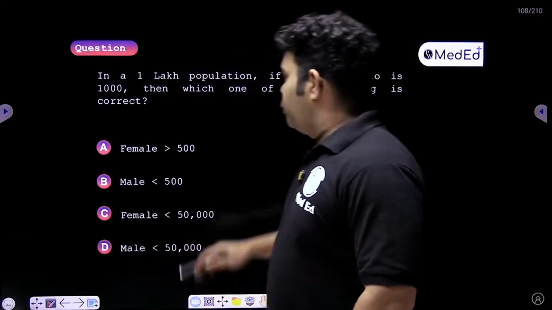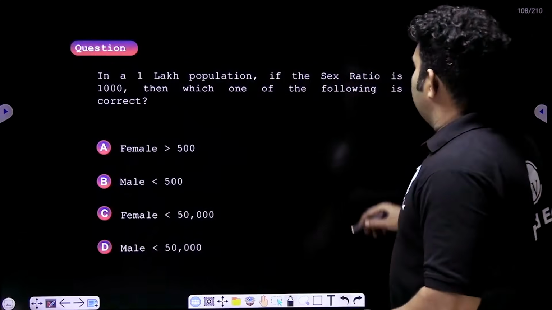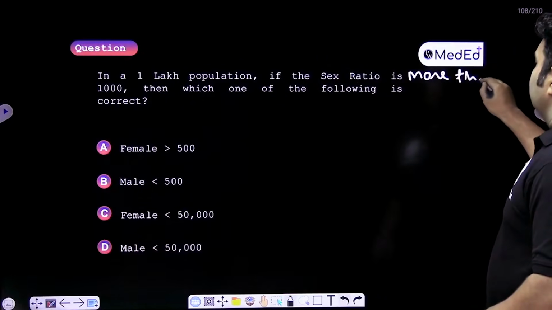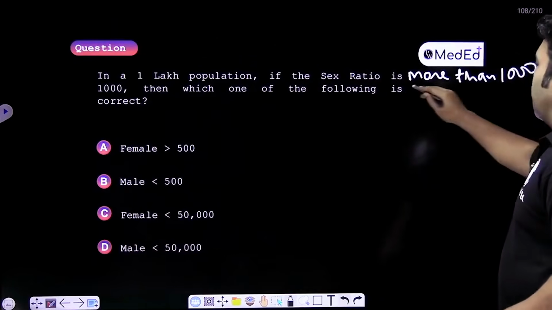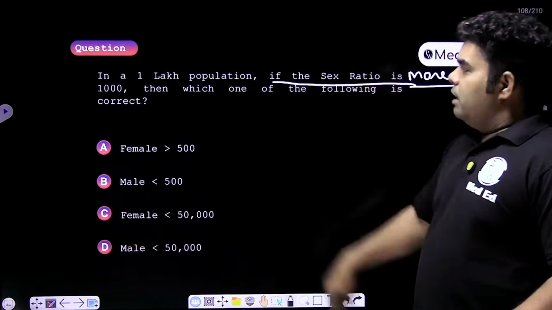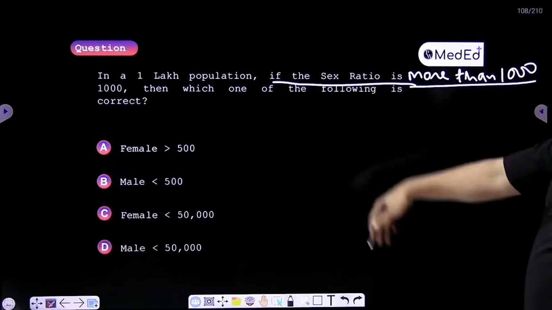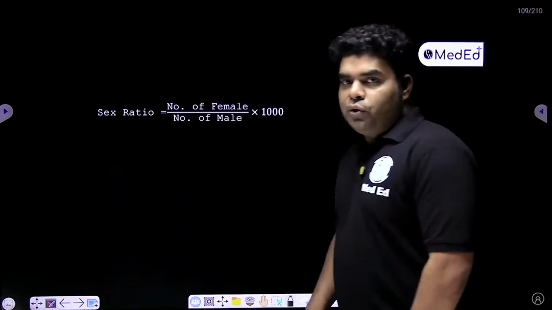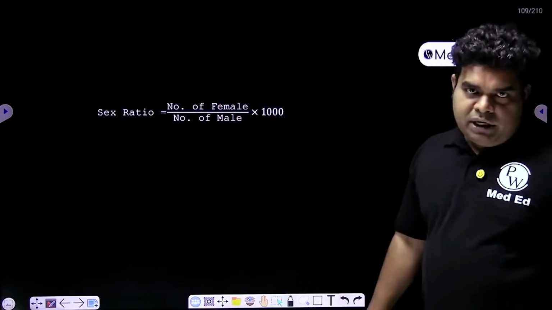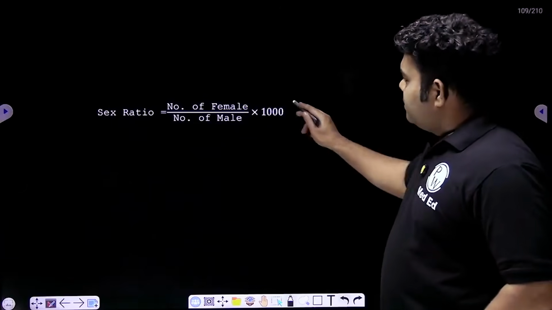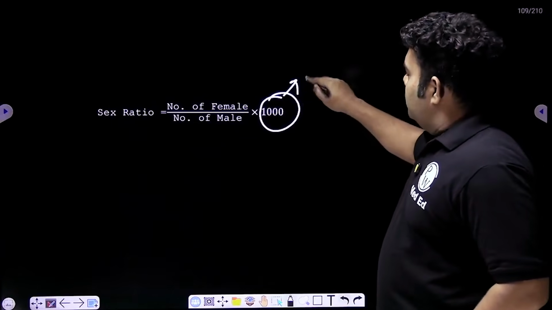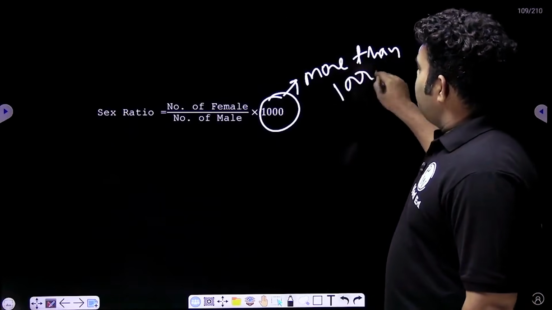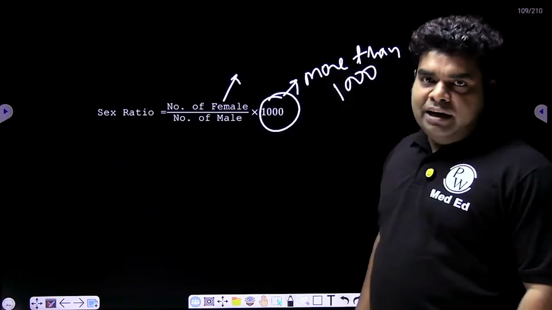A very interesting question came from here: in a 1 lakh population, if the sex ratio is more than 1000, which of the following is correct out of the 4? I hope you all know the formula of sex ratio is female by male into 1000. A ratio of more than 1000 can only be there if female is more than male.